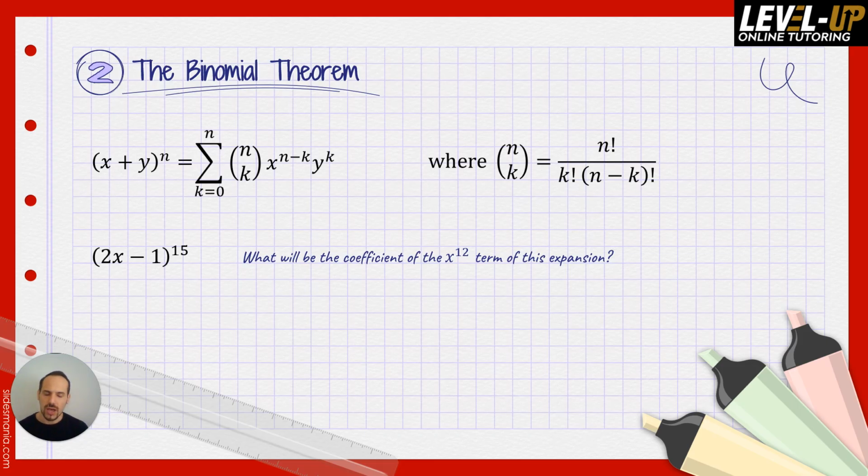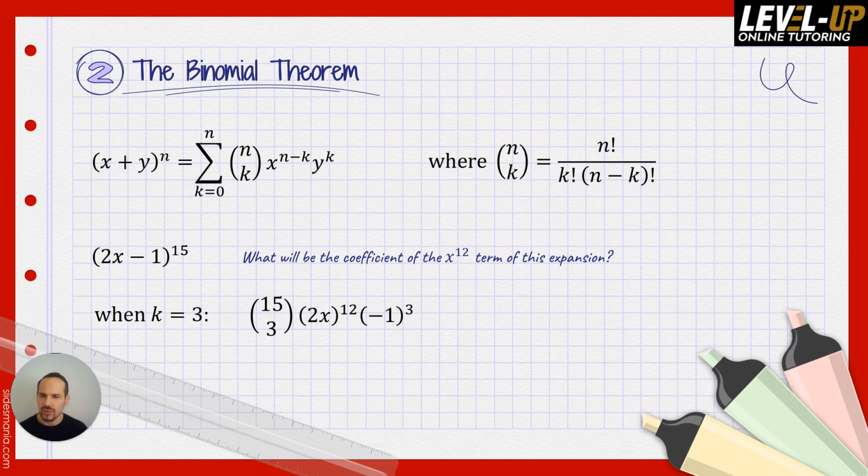Well, if the power is basically n minus k, or 15 minus k in this case, because n is equal to 15, well, k must then equal 3. When k is 3, that's going to produce a term where the first term in our expansion is the one that's being raised to the 12th power. So that's how we can work that out. And we can just find that one term.